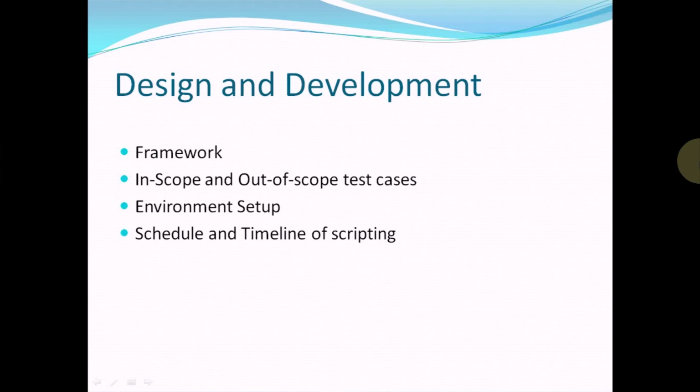Everything we need to set up there, and we need to timeline the scripting and scheduling, for a particular release or sprint, how many test cases we need to complete or design. This complete process is part of design and development.